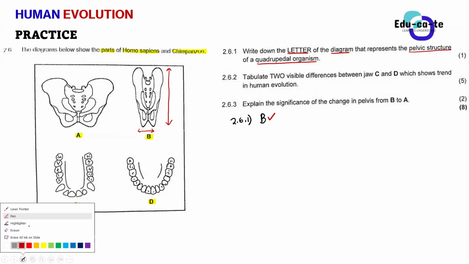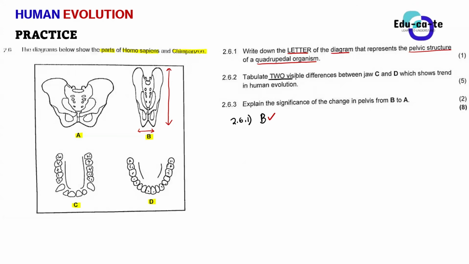Now they say tabulate. You are tabulating 2 visible differences between the jaw C and D, which shows a trend in human evolution. So let's first write our table here. I'm just going to draw a small table.